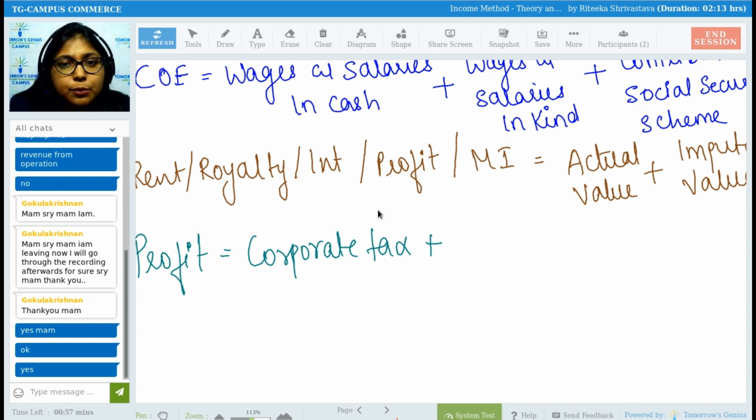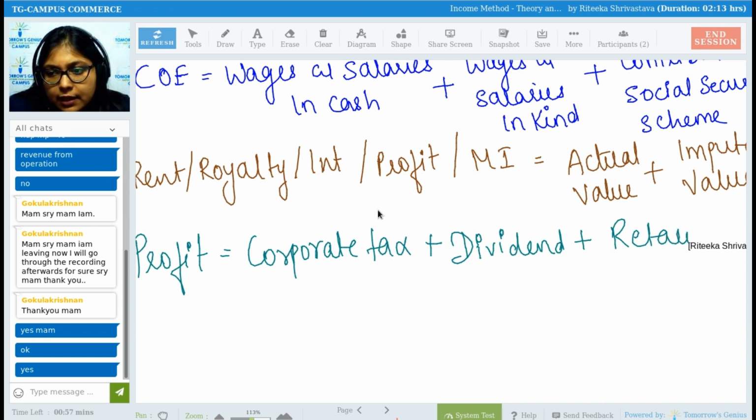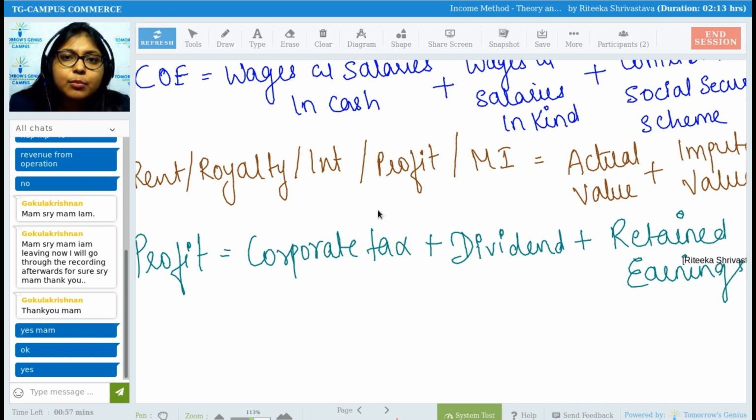But if profit is not directly given to us in the question and dividend and retained earnings are given, then in that case you will first of all have to find out profit by totaling all three things, and then whatever amount you get, we will put it in the formula. There are other names also. Other name of retained earnings is reserves and surplus. Other name of corporate tax is business tax or profit of corporate.